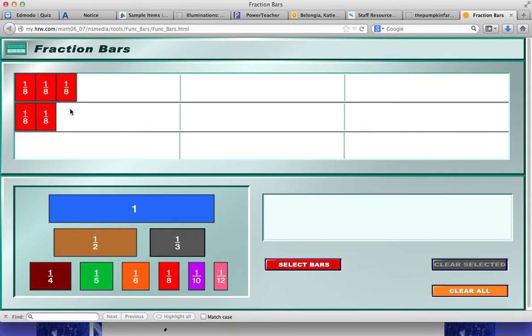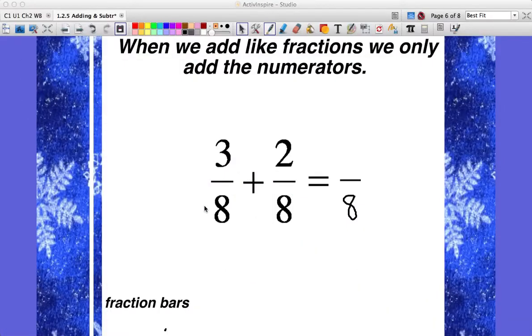Since all the pieces are the same size, I can see that I had 3/8, I added 2 more eighths, so that would give me 1, 2, 3, 4, 5/8. So I started with 3, I added 2 more, so 3 plus 2 gives me 5 out of the 8 that I need to make a whole.